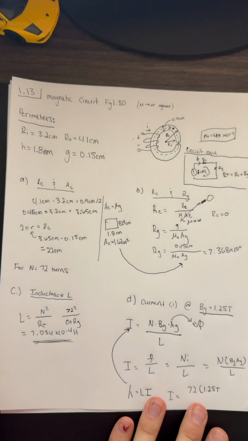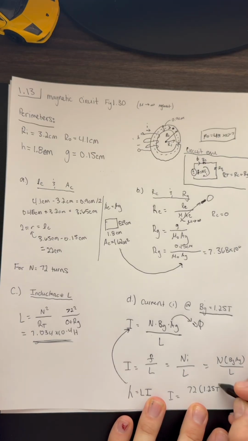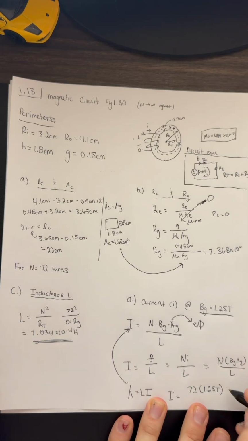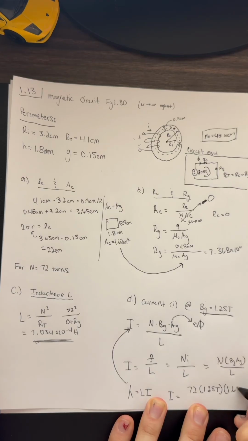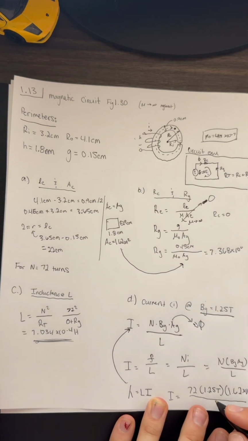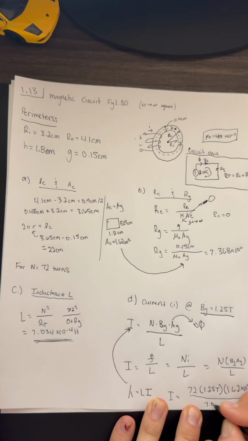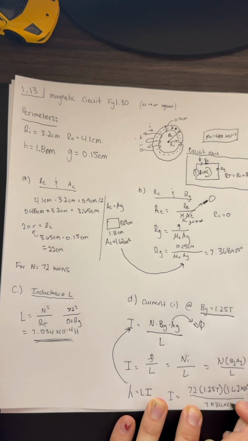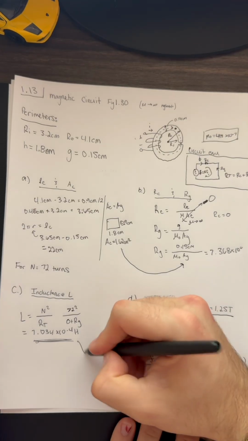So 72 times 1.25 T, we can just cancel these units out, times 1.62 times 10 to the negative 4, all over L, which is 7.034 times 10 to the negative 4, which we calculated from here.